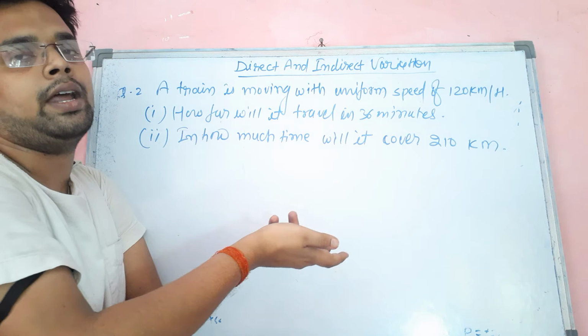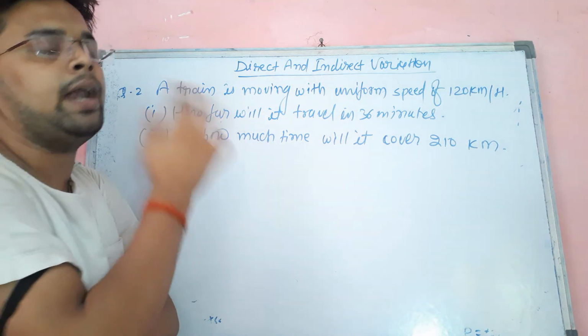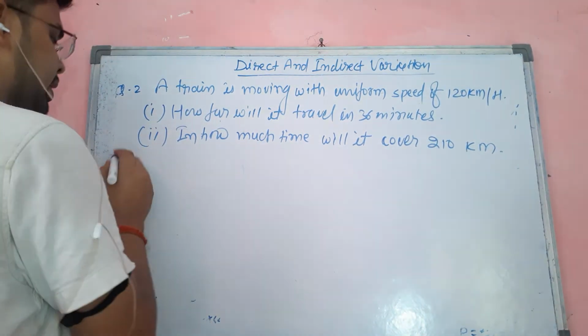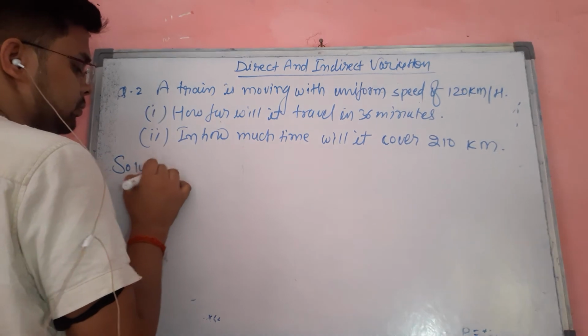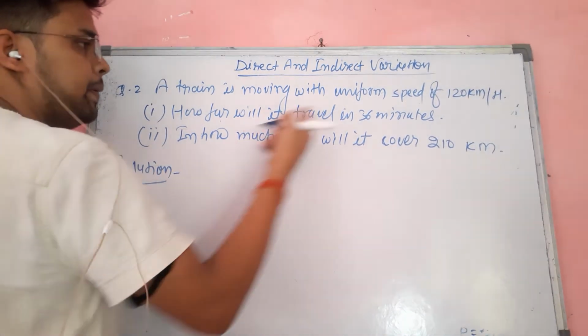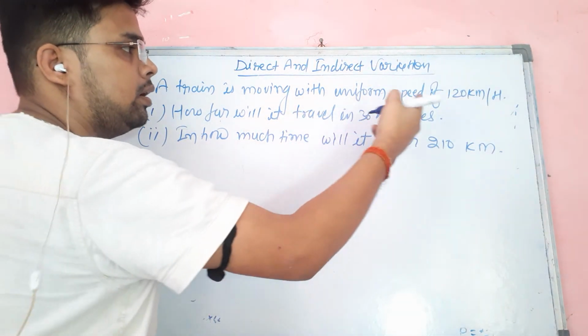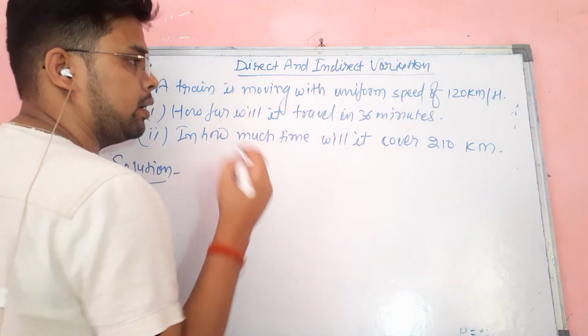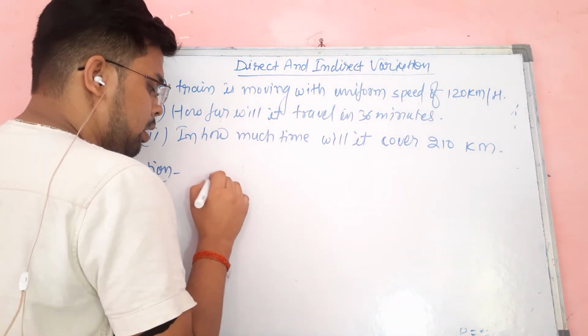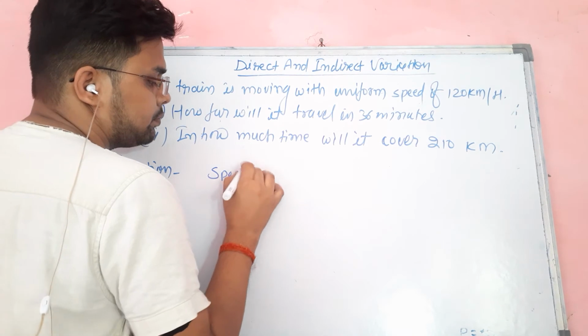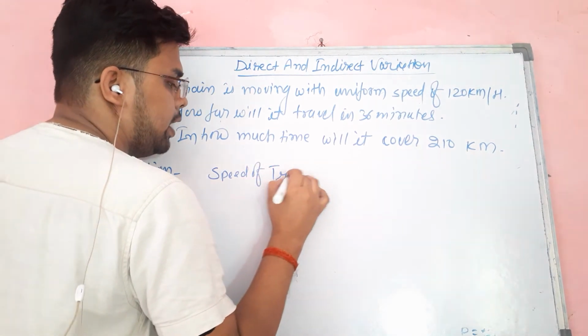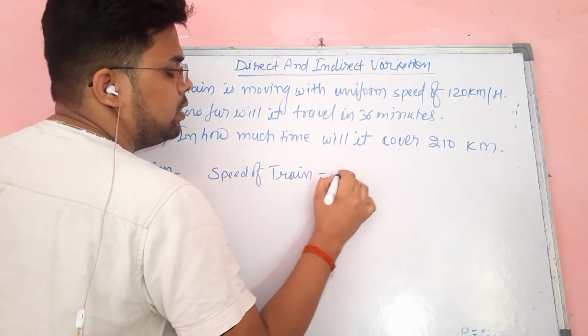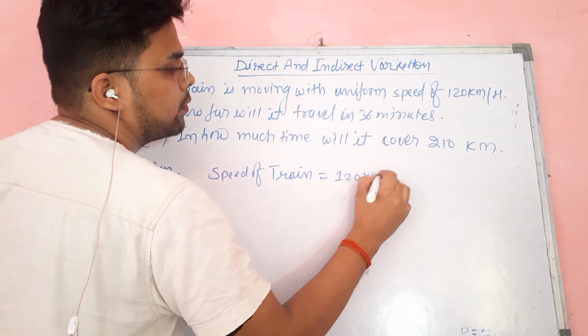So it is very clear that this is a case of direct variation. The speed of the train is given, that is 120 km per hour.